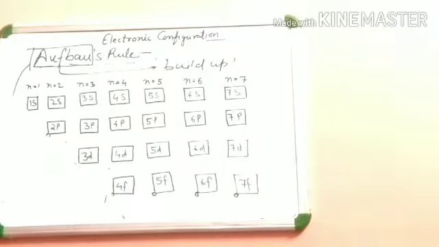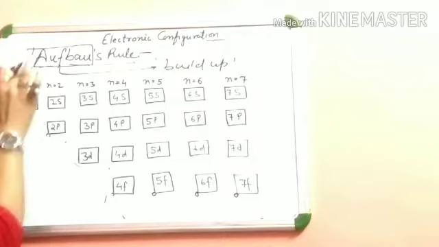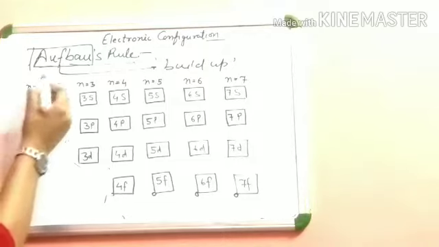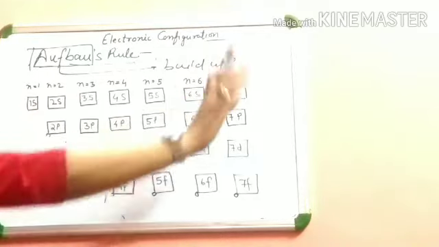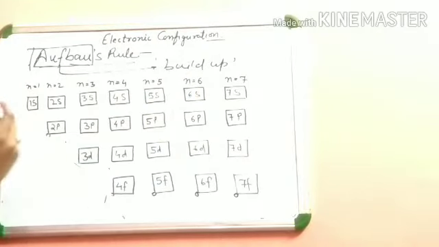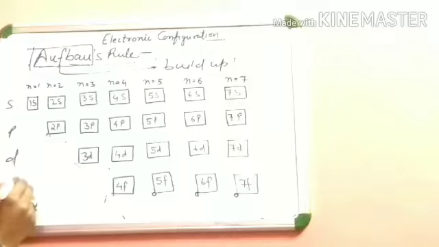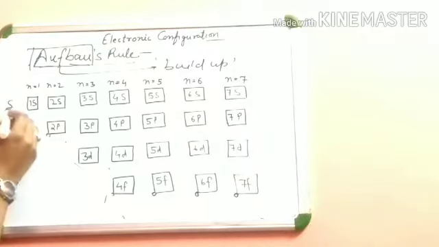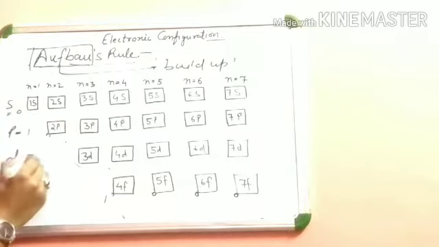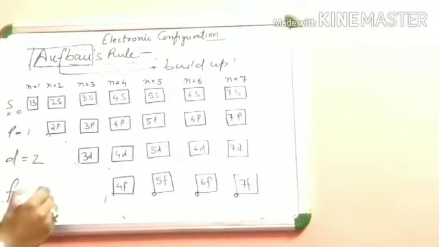See here, N is equal to 1, 2, 3, 4, 5, 6 up to 7. These are the shells. Now S, P, D, F are the subshells. The azimuthal quantum number for S is 0, for P 1, for D 2, and for F 3.